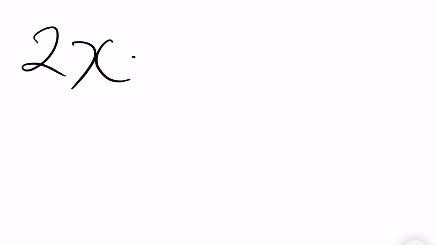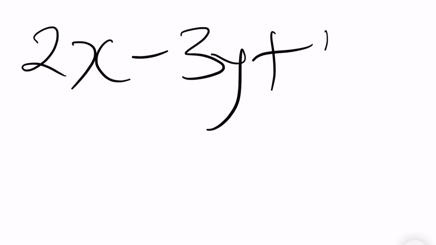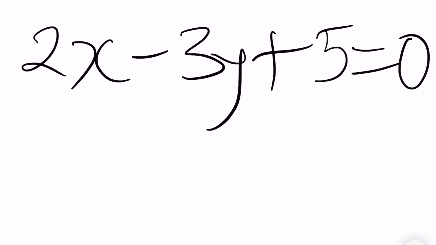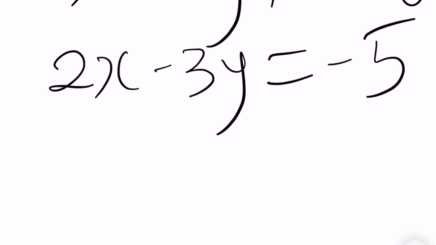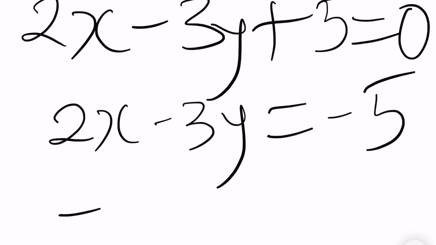Now, we first find the table for 2x minus 3y plus 5. Now, we have to look for our y. So, we have 2x minus 3y is equal to minus 5.